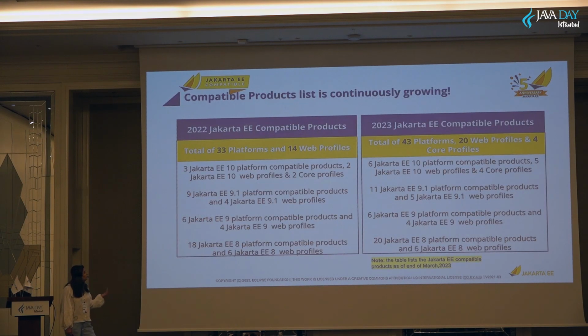Looking at the numbers, just from last year until 4 months in 2023 now, we are seeing an increase from 33 compatible platform products to 43, and 14 web profiles versus 20 web profiles, and we already have 4 core profiles. If you're interested to check the full list of compatible implementations, you can check the Jakarta EE compatibility page.